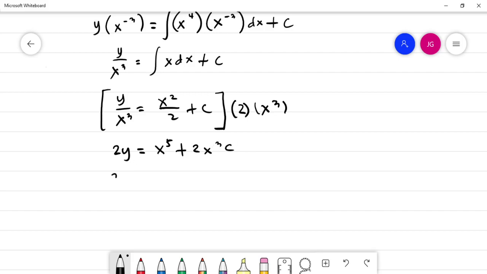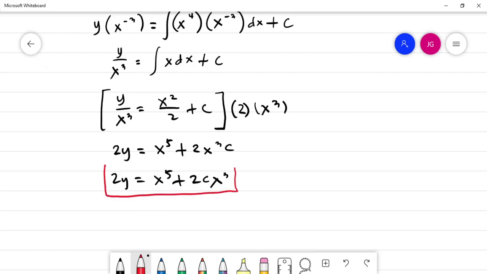Okay, or you can write this down as 2y equal to x raised to 5 plus 2c x cube. Okay, and that is our final answer. Thank you for watching, guys.